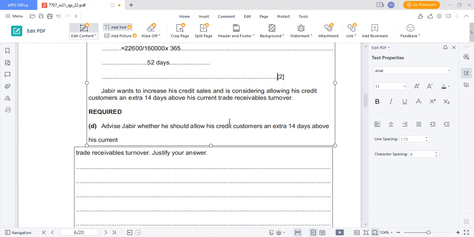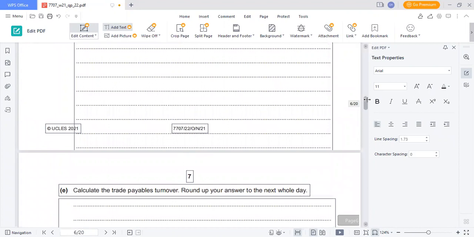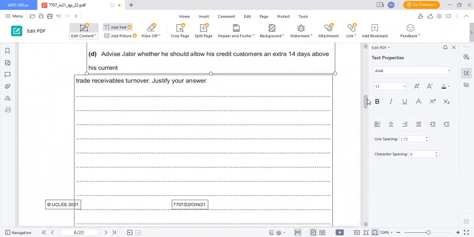So advise Jabir whether he should allow his credit customers an extra 14 days above his current trade receivable turnover. So it is of 5 marks. So we have to write 2 points in favor of allowing his credit customers 14 days extra, and 2 disadvantages of allowing him 14 days extra.